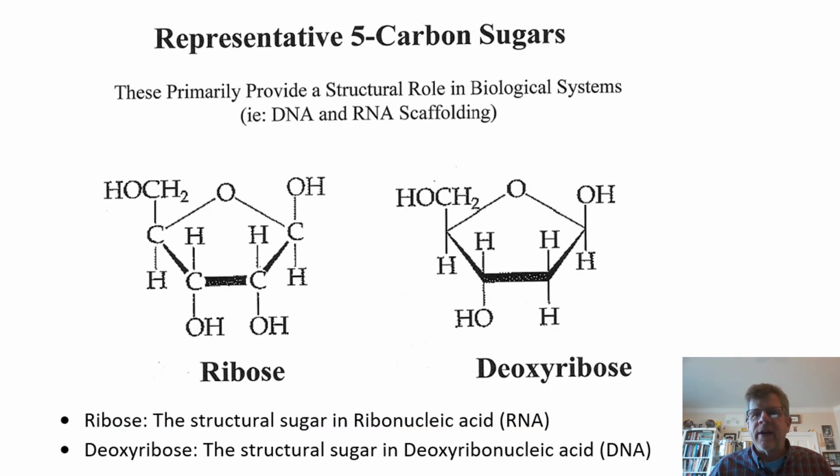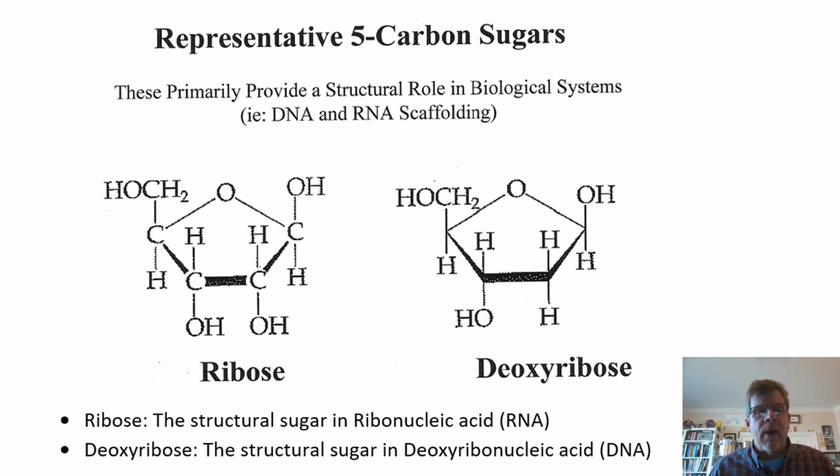All right, the final 2 of our 5 representative monosaccharides are actually 5-carbon sugars. So we can distinguish between the other 3 that we looked at, which were 6-carbon monosaccharides. These are 5-carbon. And indeed, as we move along, we can count those carbons.